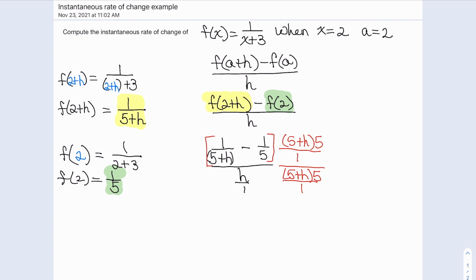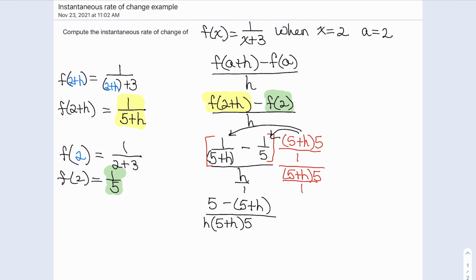Now when I multiply this 5 plus h times 5 times the first fraction, the 5 plus h's will cancel and I'll just be left with 5. When I multiply that 5 plus h times 5 times the second fraction following that minus, the 5's will cancel and leave me the parentheses of 5 plus h. And then that's all over, and in the denominator, we don't want to multiply that out. We want to leave that factored as h times 5 plus h times 5.